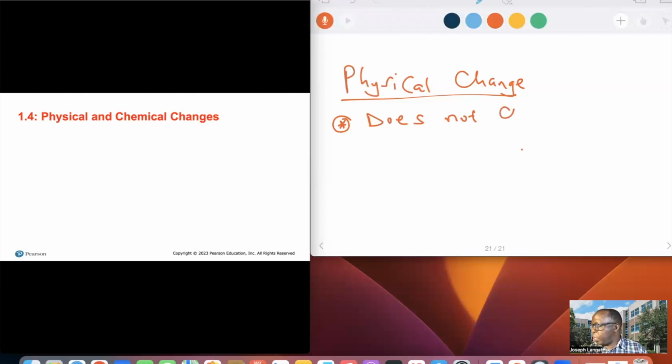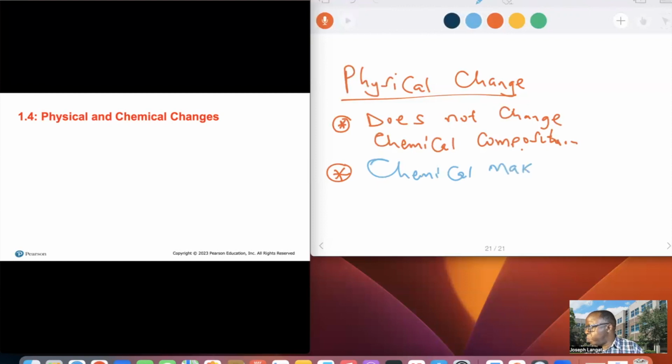Or rather, it does not change the chemical composition, or the chemical makeup is not altered. That means we do not alter it in that change. It remains the same.